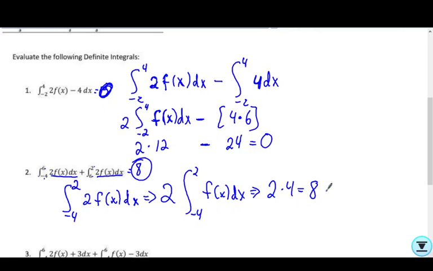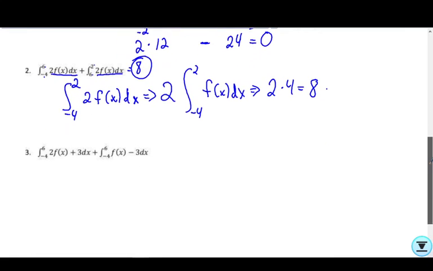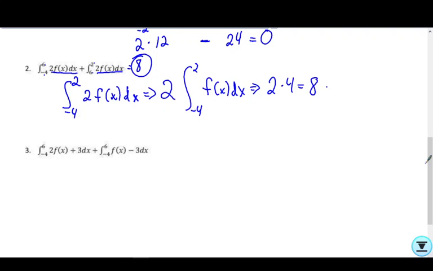Okay, so we're just using some of these rules. All right, let's look at this one. So again, I've got this that I'm going to split apart.